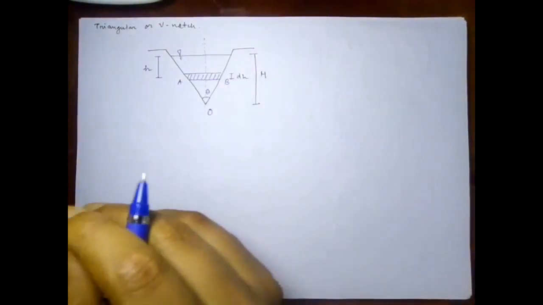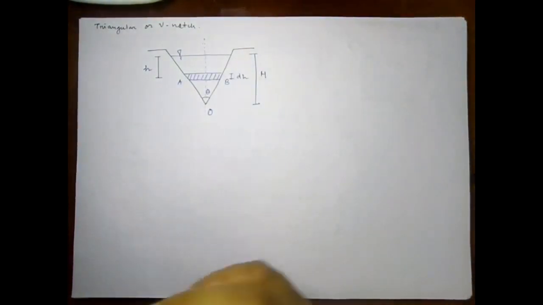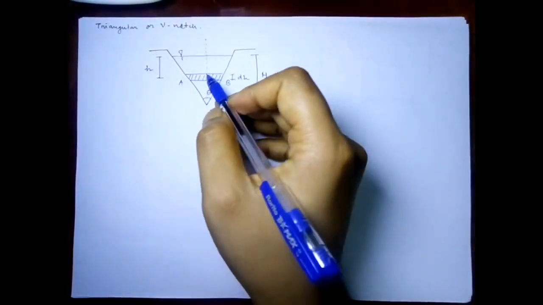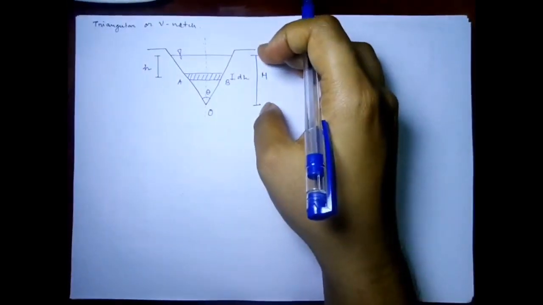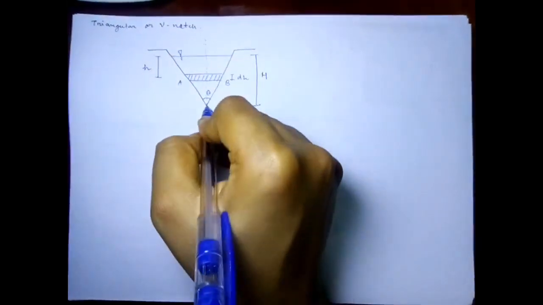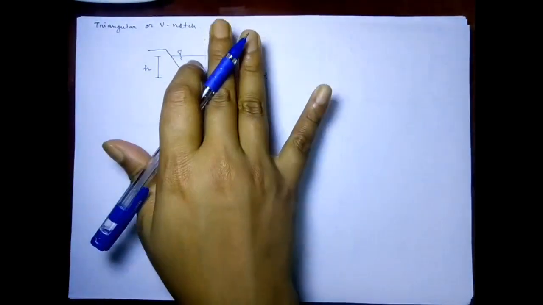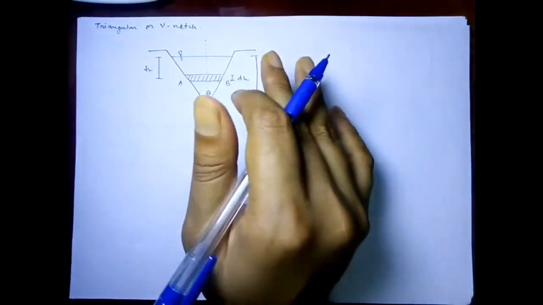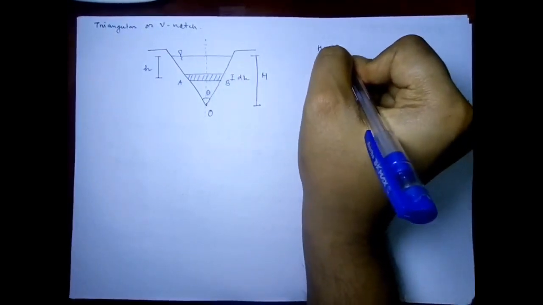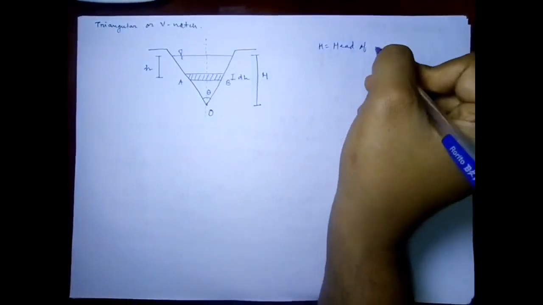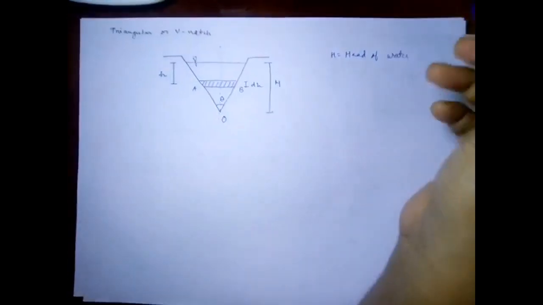Now we have a triangular or V notch, and I am taking H as the total head of the water from the bottommost part of the notch, that is the head of water above the V notch.